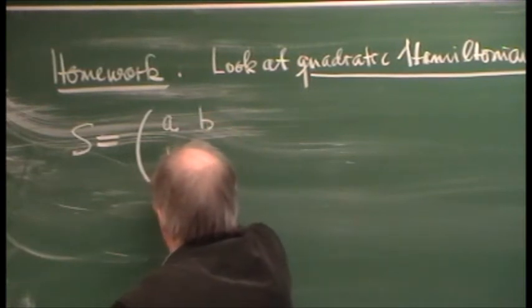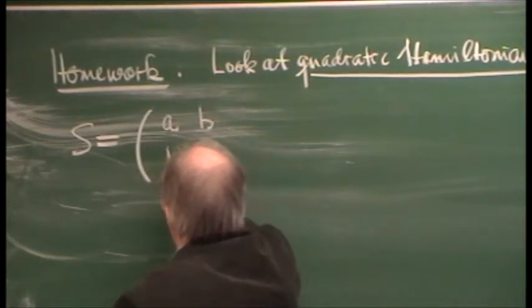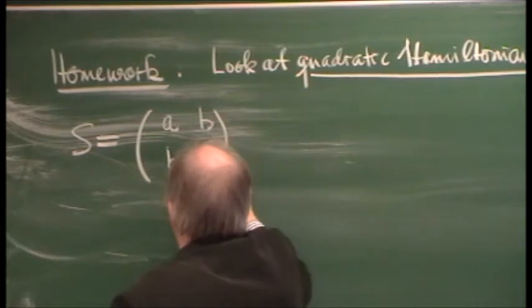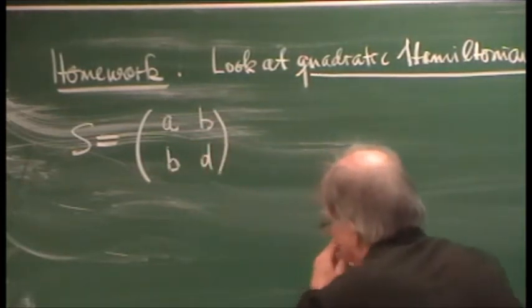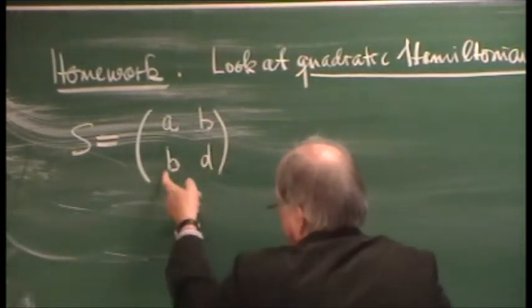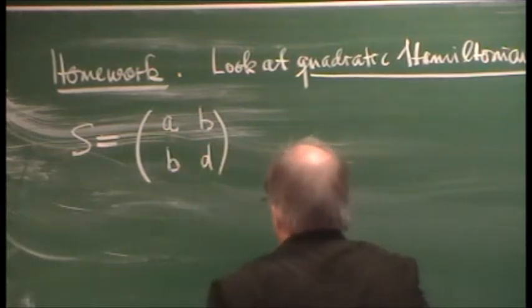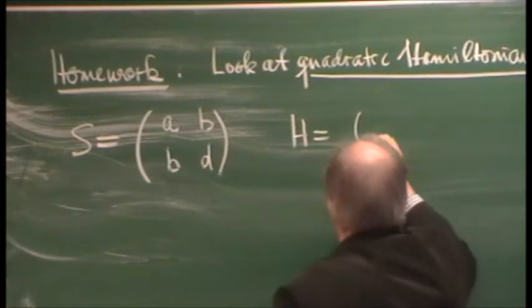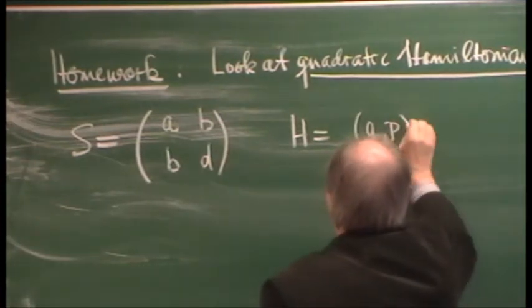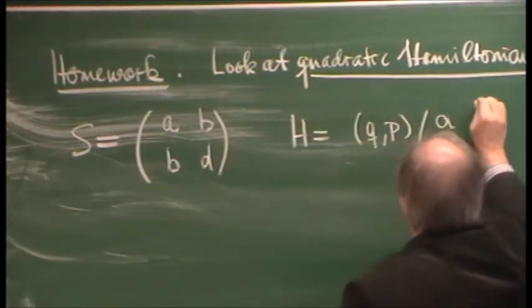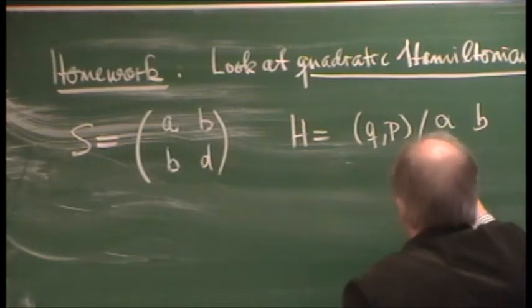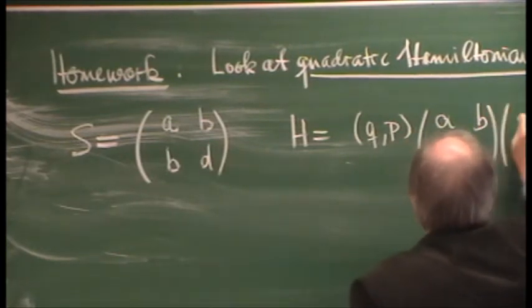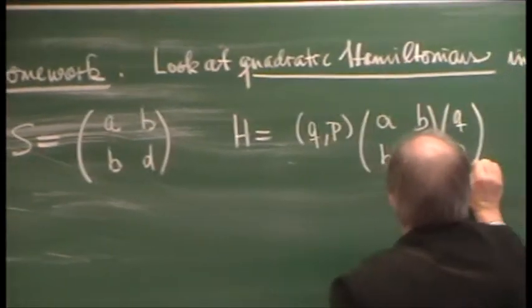So, A, B, C, D. D is anything. All right. But it has to be symmetric. So these two have to be the same. But here there's no condition. And then that means the Hamiltonian is a quadratic form. So it's Q, P times A, B, B, D, times Q, P. See, we can have fun with 2 by 2.